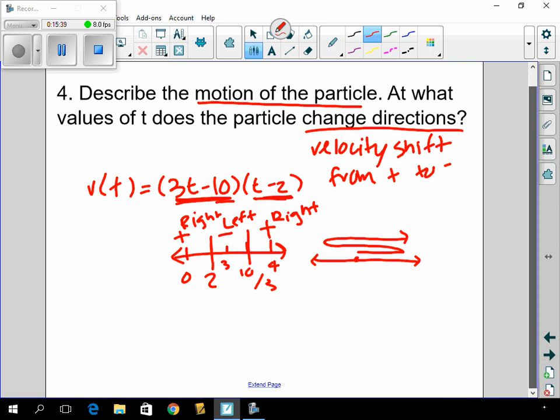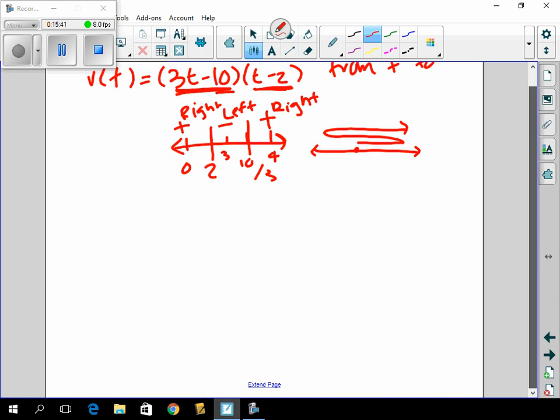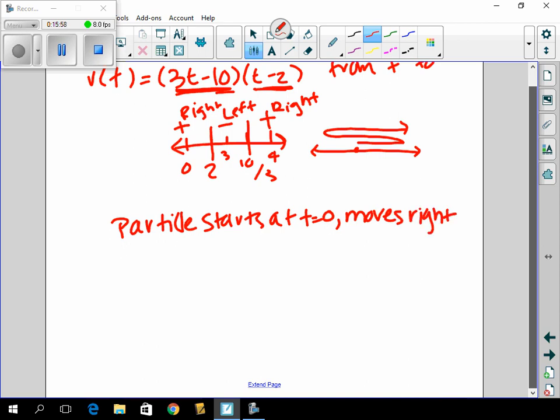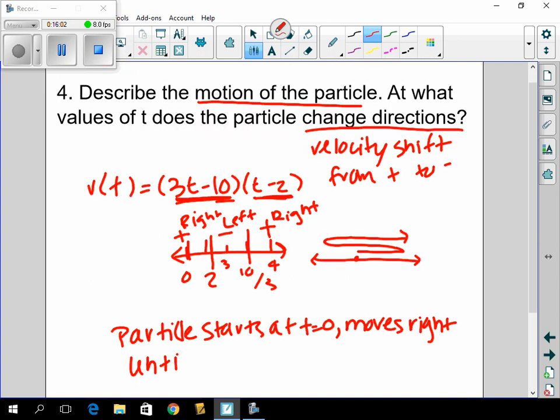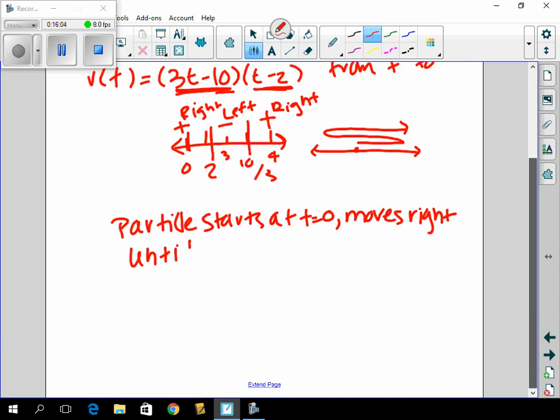And so the way we write this out in words is we just say that the particle starts at t equals 0, and it moves right until t equals 2.